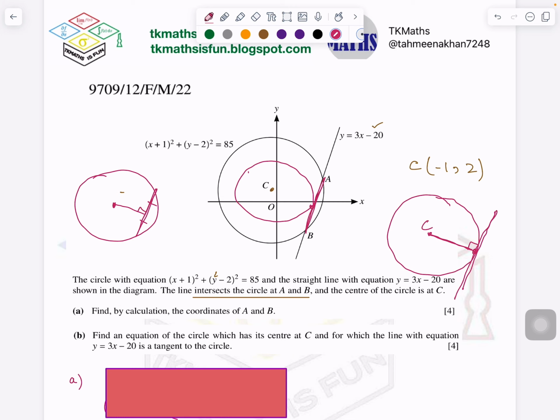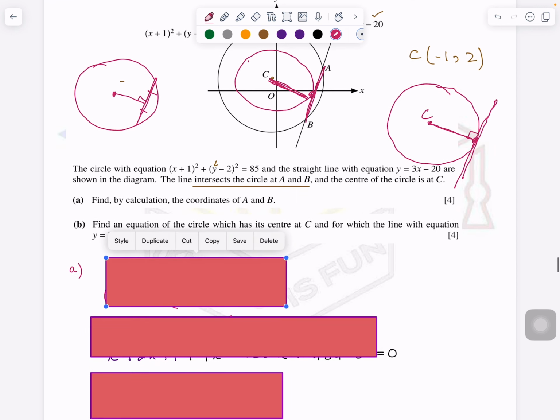I'm repeating, if you draw a line from the center of the circle to the chord such that it divides the chord into two equal parts, then it must be 90 degrees, or perpendicular, to it. So that's why we know this point will be the midpoint of AB, because radius and tangent are meeting there, right? So you can easily find out the midpoint M of AB. Once you have that, apply the distance formula between C and M and you will get the radius. The center point you already have.